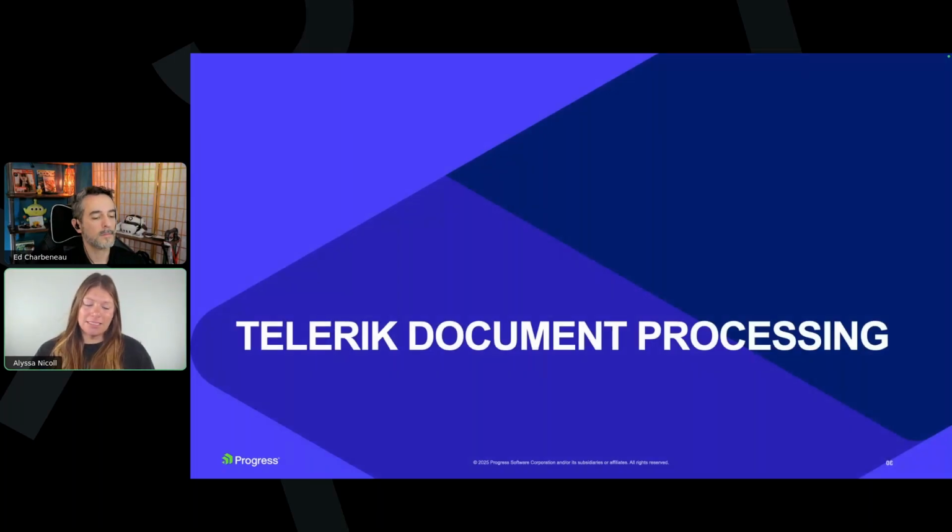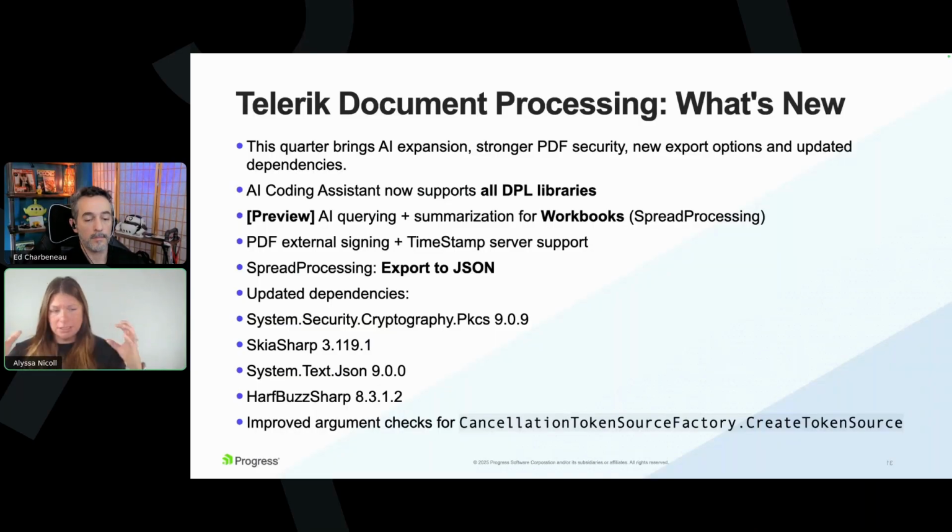All right, my last section before I get to some wrap-up notes is on the Telerik document processing, which, as Ed talked about, is across the board. There are some subsections. It's kind of a lot of information, and so I just created snapshots. We're not going to read through all the bullet points, but I will give you a summary of what came.